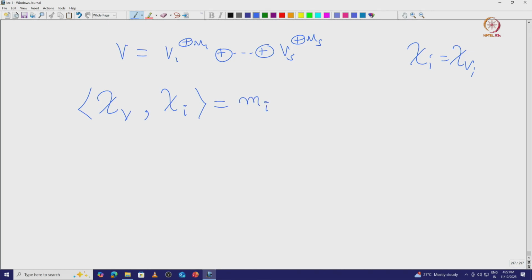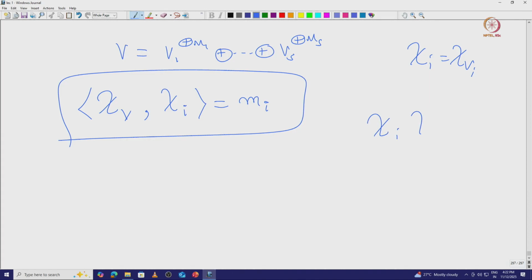This follows from the orthogonality relations of these irreducible characters, because the inner product of chi i and chi j is exactly given by delta ij.